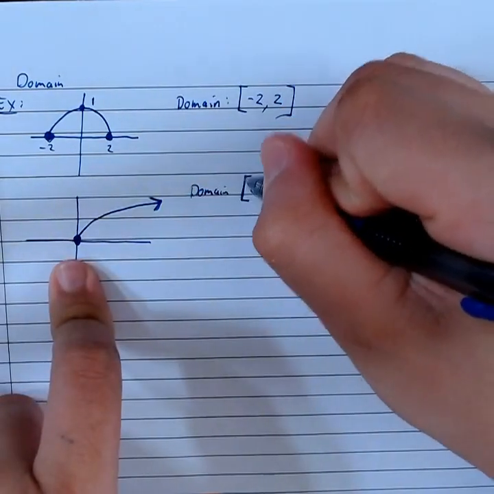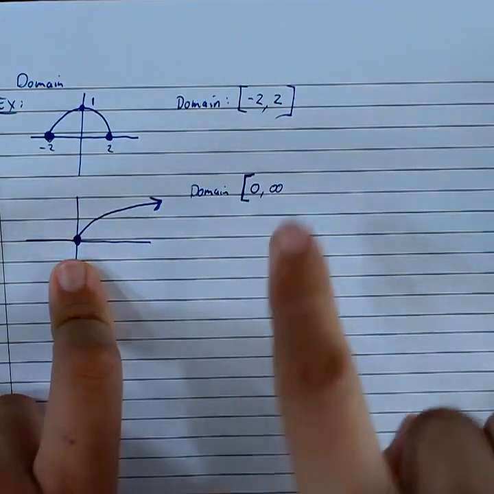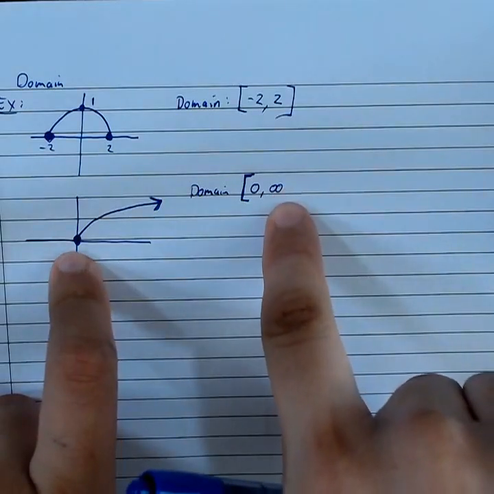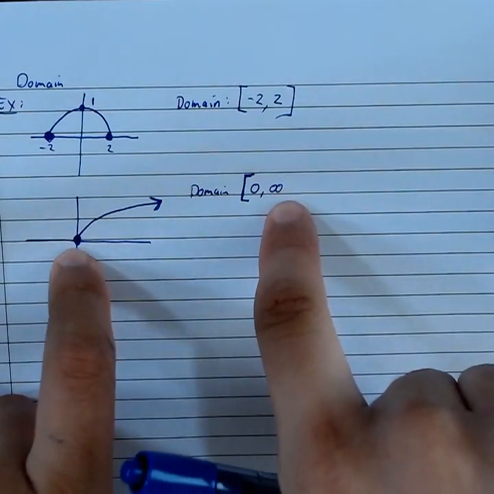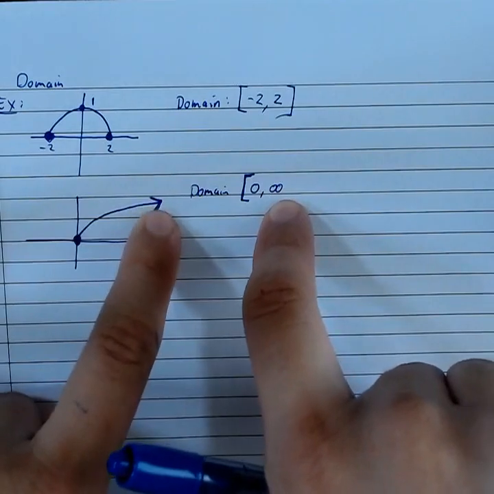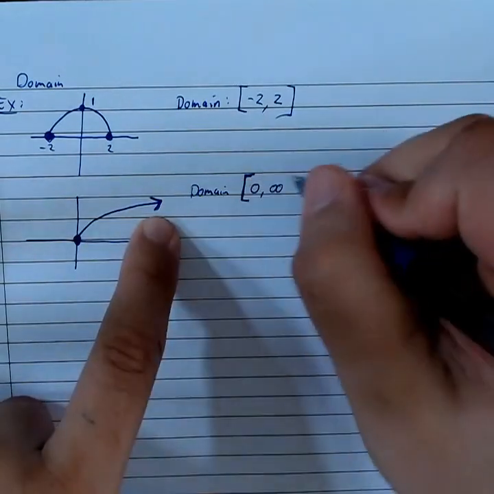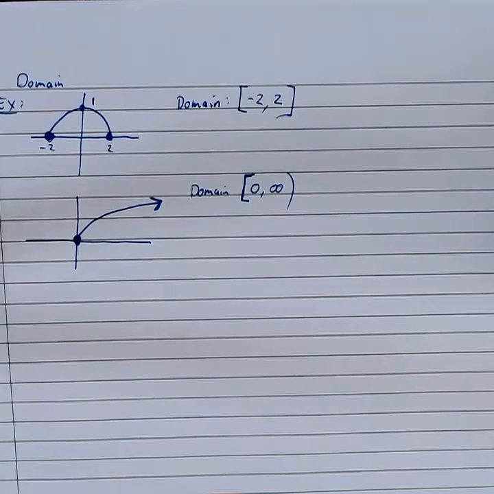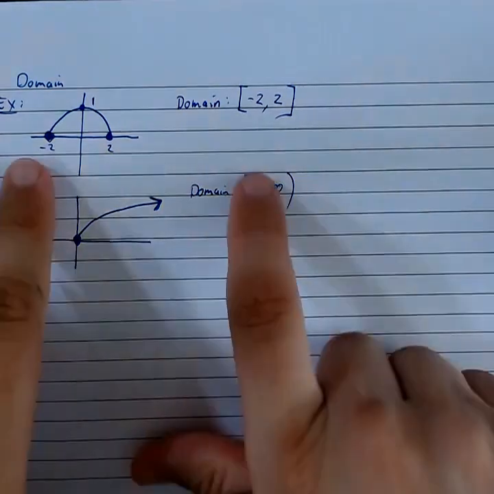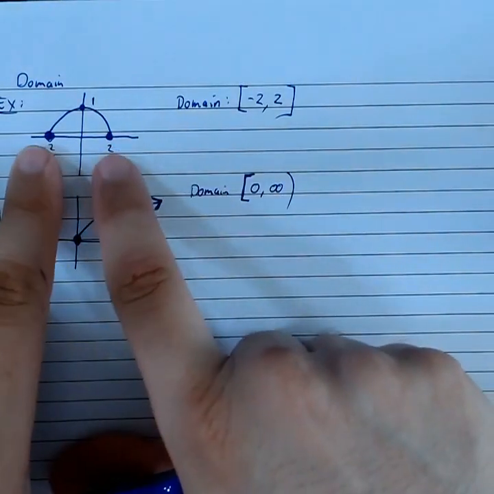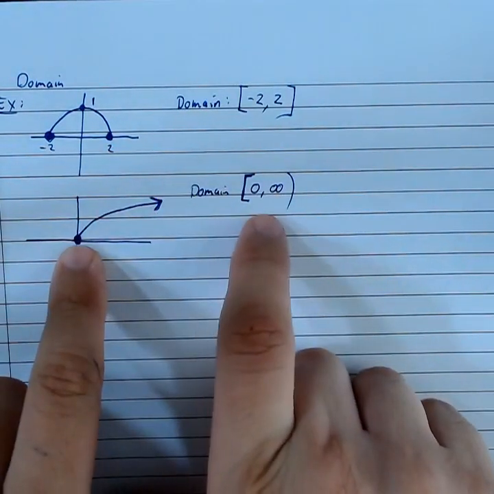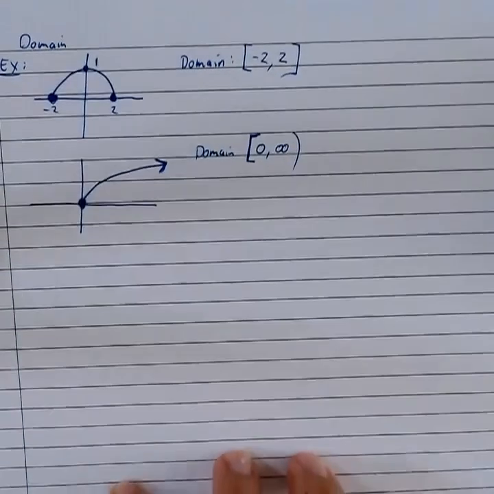So I'll use a square bracket, but then infinity is not included. It's never included as part of an interval. You never reach infinity. Infinity just means you kept going forever and ever and ever. So here we use a round parenthesis. So from a graph, it's actually not too bad. You simply have to find how far left or right the graph goes and express it using interval notation.